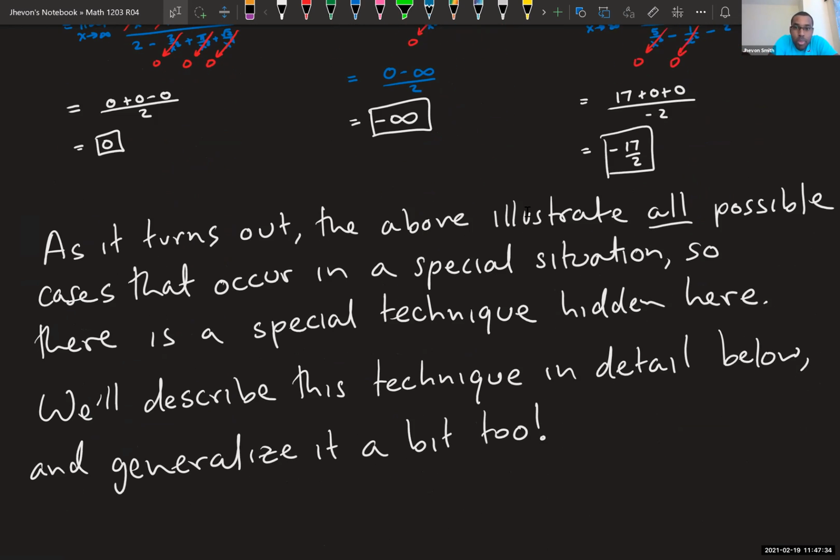As it turns out, the above illustrate all possible cases that can occur in a special situation. So there's a special technique hidden here, and that's what I'm going to tell you right now.